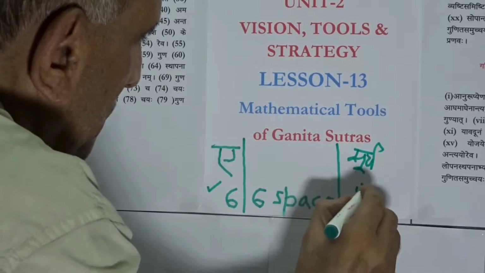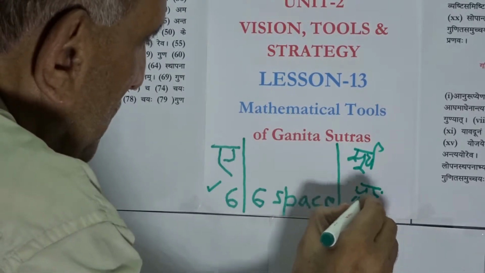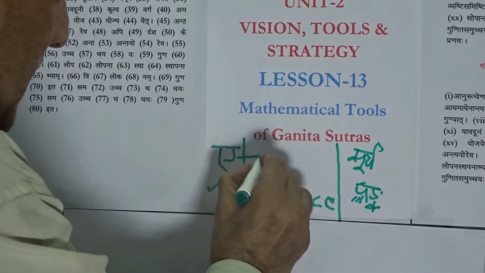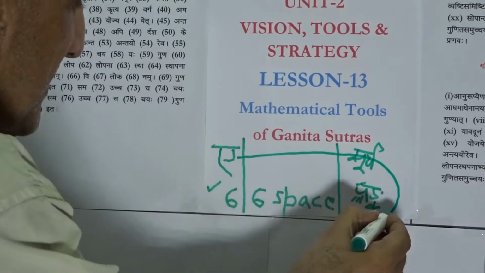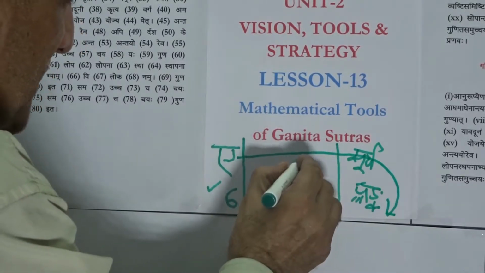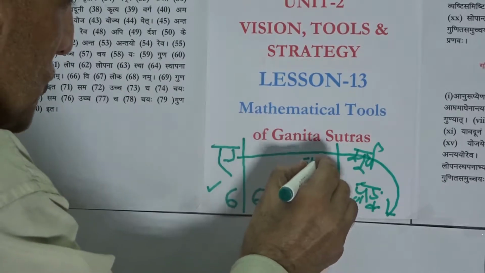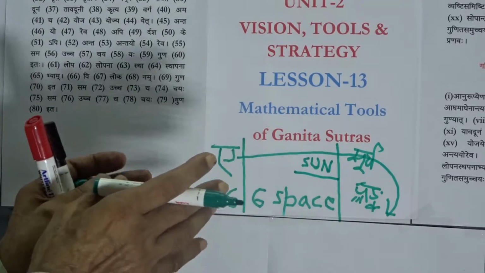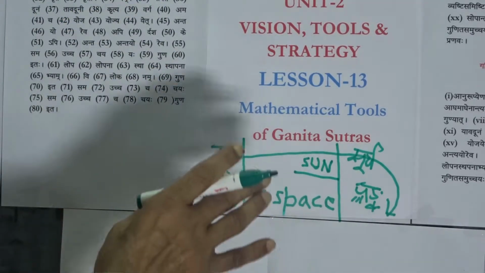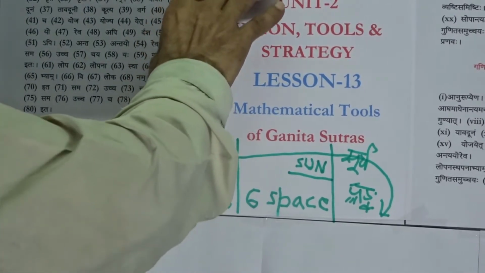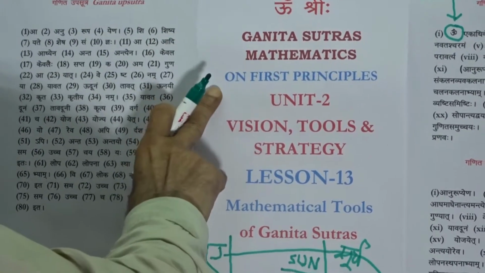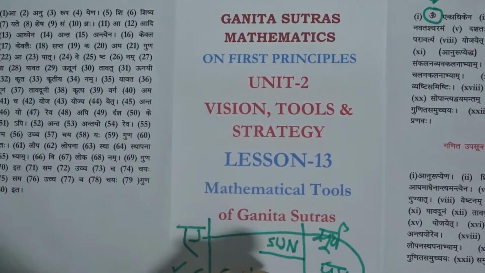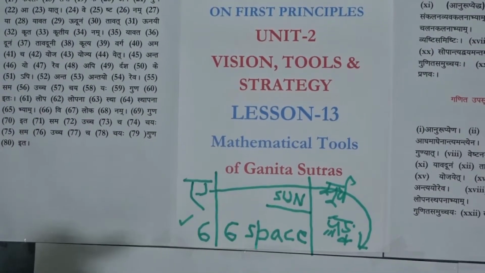Surya. Therefore, with this vision, we will be having a domain before us, and it would be a domain of a sun. Therefore, the solar domain, our solar universe, is going to be the vision of mathematics of Ganita Sutras on first principles, taking us to the sun, 6-space and solar universe.